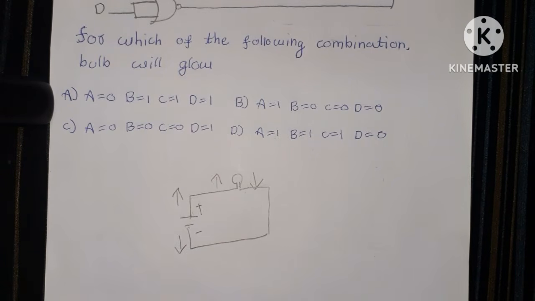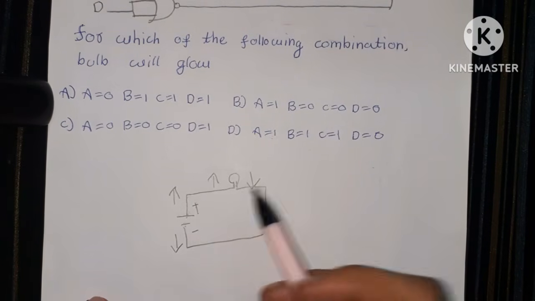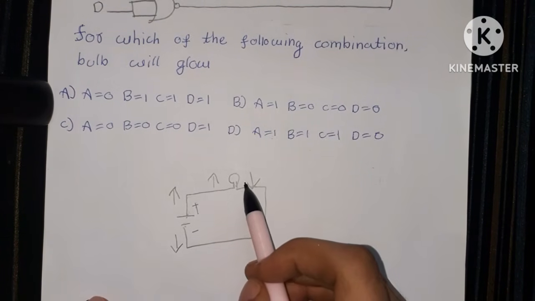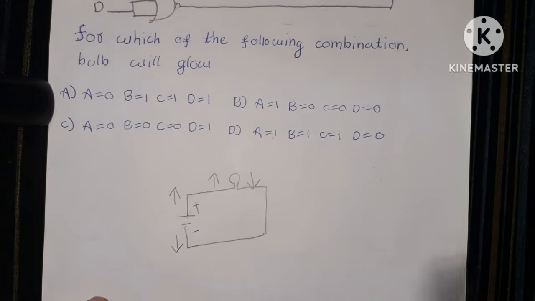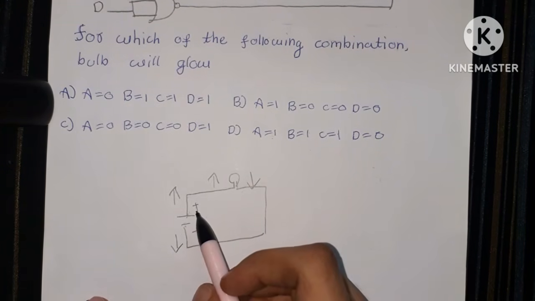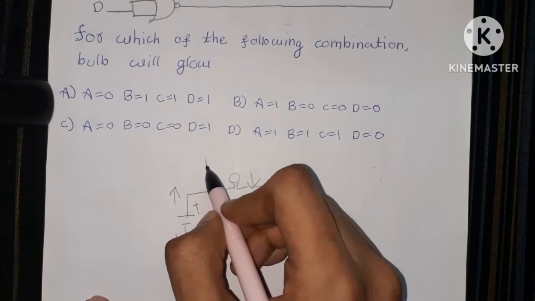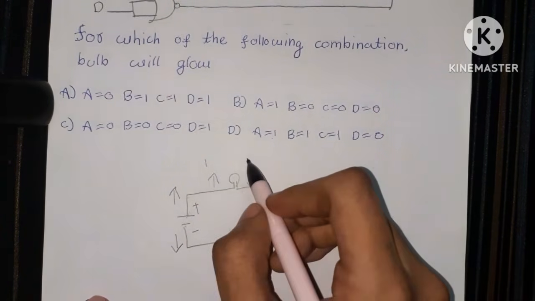In which case will the bulb glow? At one side of the bulb we should have high potential, and at the other side of the bulb we need to have low potential. Now what we need to do here is, if the high potential is marked as 1, then low potential should be marked as 0, right?